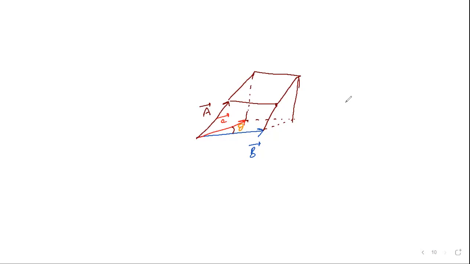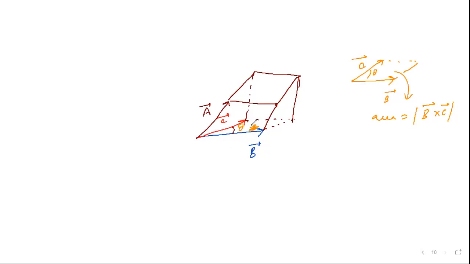Now what is B cross C? We know from our previous discussions that B cross C, this is my B vector, this is my C vector, and this is theta. If I find the area of this parallelogram, this area is actually the magnitude of the B cross C vector, right? You know this.